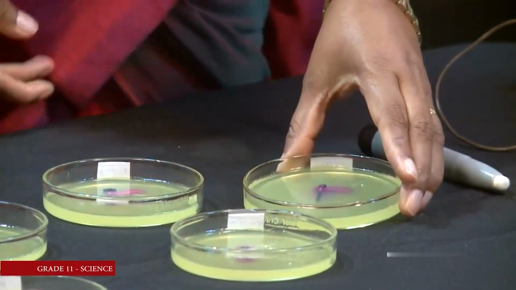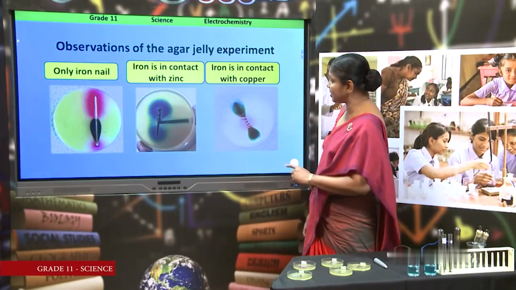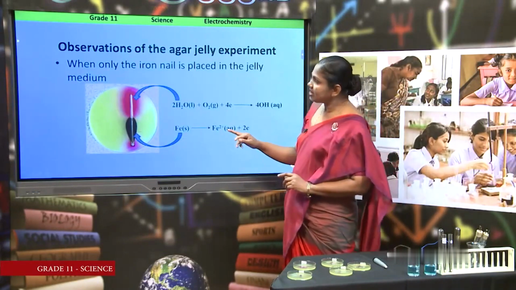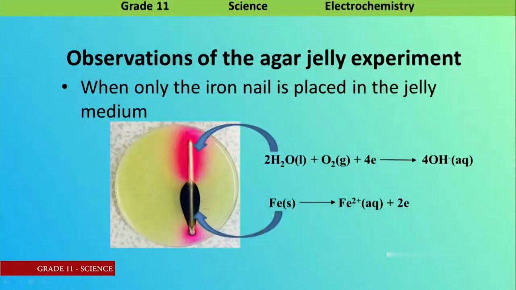Right, okay, we'll see the reactions relevant to this. When the iron nail is in the agar medium, the pink color indicates that a reduction reaction has taken place near that. As hydroxyl ions are formed, phenolphthalein in the medium turns pink.